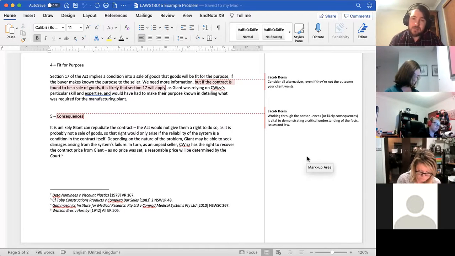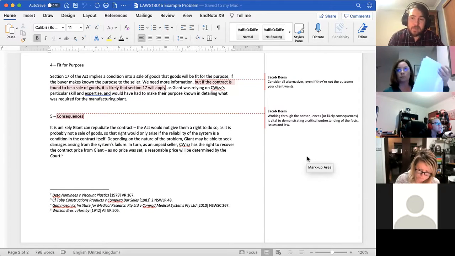Obviously, you've got to have that understanding of the law to identify the issues and to identify the relevant provisions and cases and things like that. That's non-negotiable, but it's putting facts and application back into the center that will really help you develop a good answer in this space.